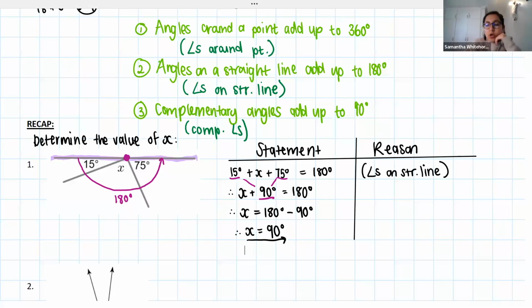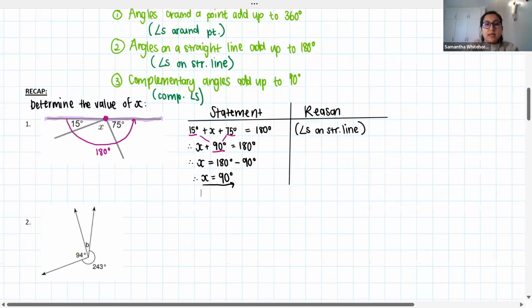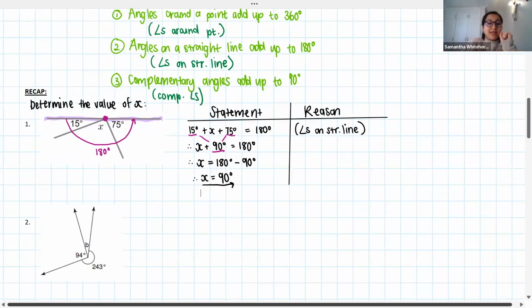All right, so whenever we're doing these types of questions, this is our goal. We're trying to solve for x or determine the value of x. And in order to do that, we need to use the reasons that we know in order to eventually solve for our unknown angle. Based on how I've set up my work in question 1, I want you guys to try question 2 for me.